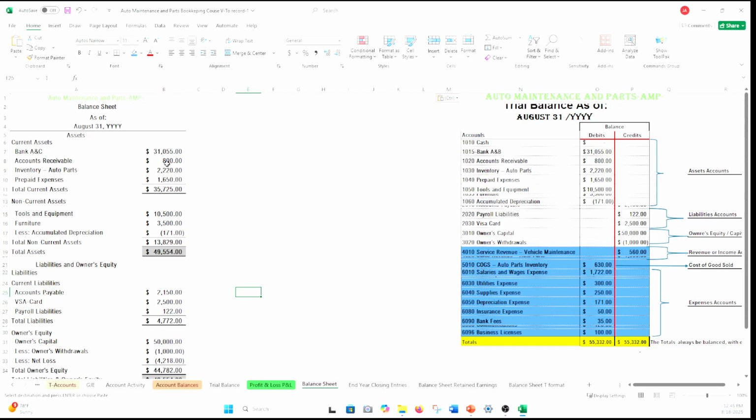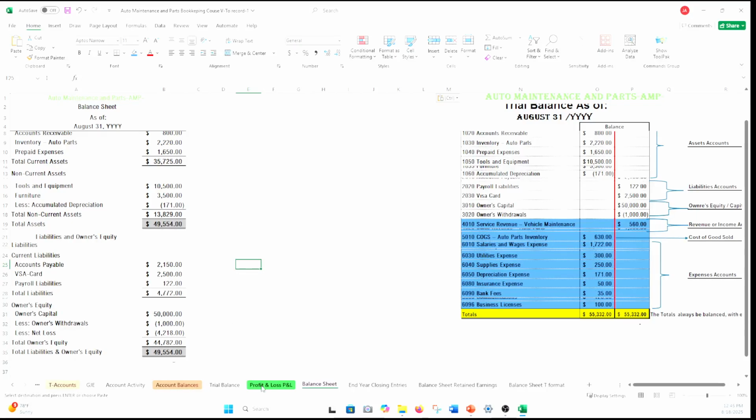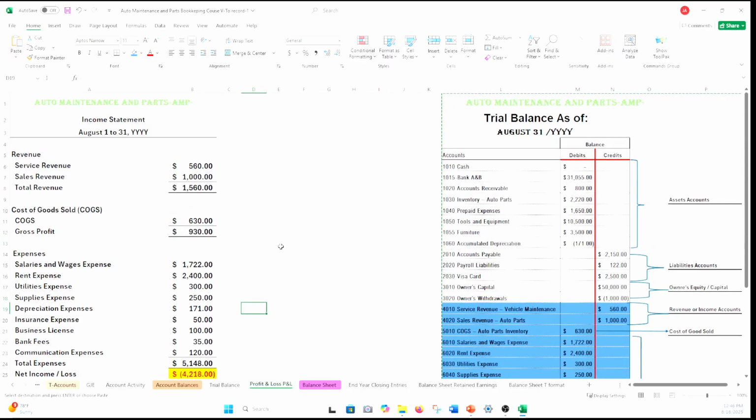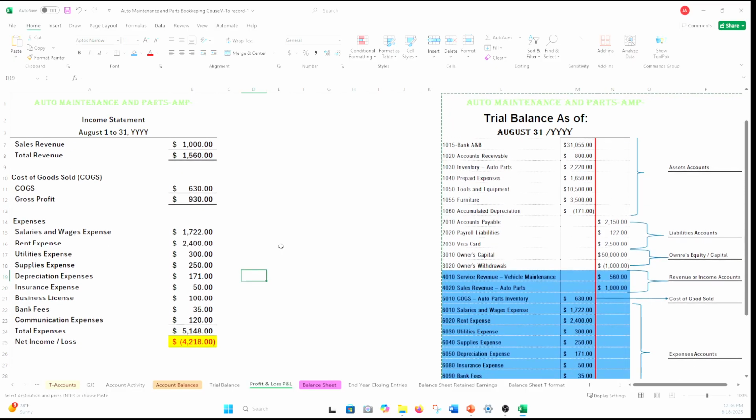Each time you close, or in other words, each time you create a balance sheet, those balances become the beginning balances for the following month. It carries on every month, and at the end of the year, they still continue and move forward to the following year. So one more time, we close just the P&L, or income statement, or the nominal statement accounts.